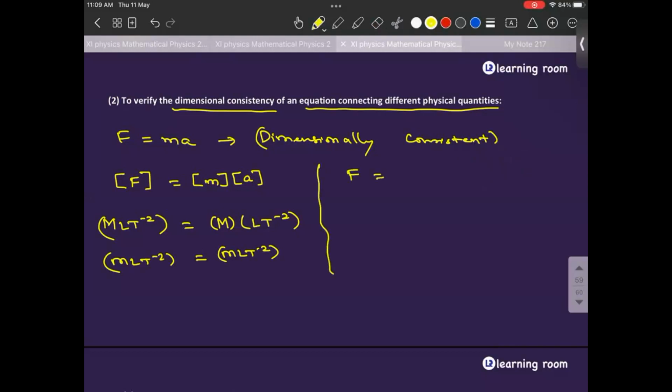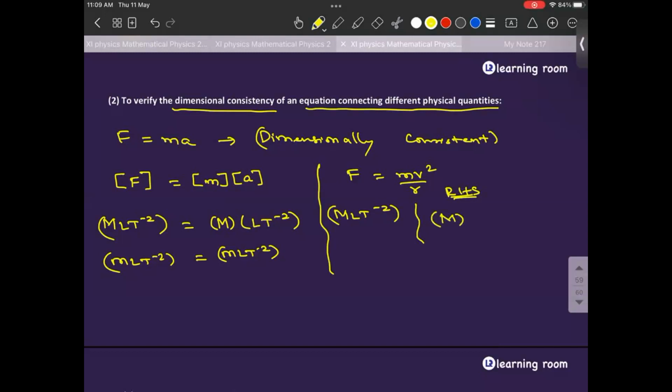So I am saying F is equal to mv square divided by R. Check the dimensional consistency of this. So what is the dimensional formula of F? You already know. MLT minus 2. Right, this is for LHS. I'm not putting an equal to as of now. Now I'm taking this RHS and trying to solve it. For mass, what is the dimensional formula? M. For velocity?